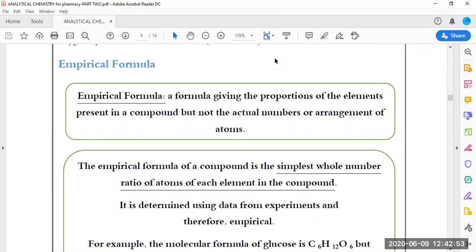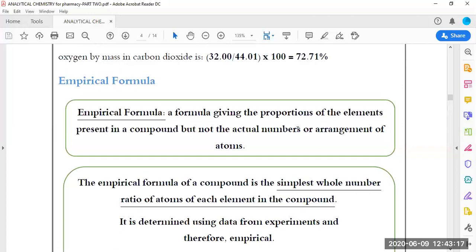What we mean by proportions of the elements is how many atoms of each one, for example, how many carbon with how many hydrogen with how many oxygen present in a compound, but not the actual numbers. Remember, empirical formula is not giving you actual numbers. It's giving you just the ratio between these elements.